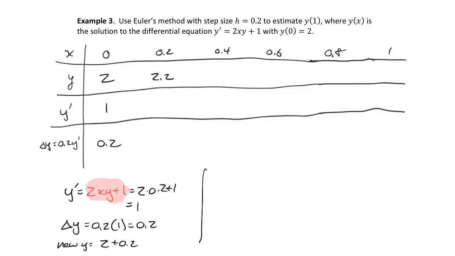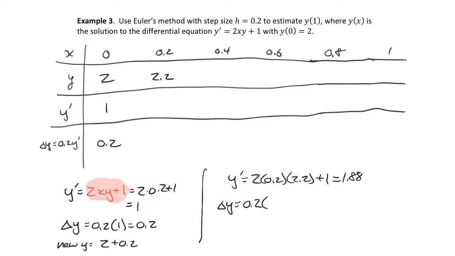and I'm going to substitute in my new x and y values. So y prime will be 2 times 0.2 times 2.2 plus 1. This equals 1.88, which we now multiply by 0.2.